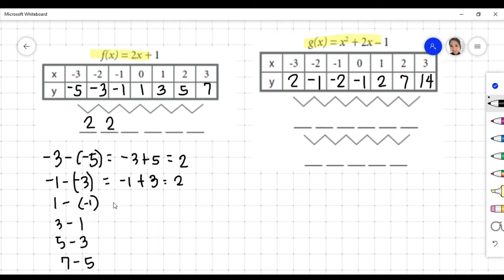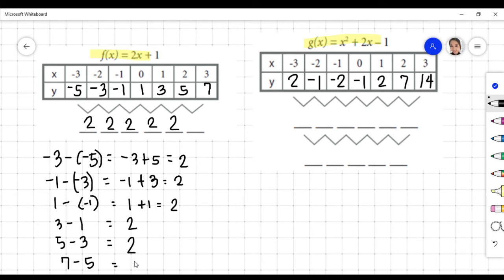Then we have 1 plus 1, so that is 2. Then 3 minus 1 is 2. 5 minus 3, that is 2.